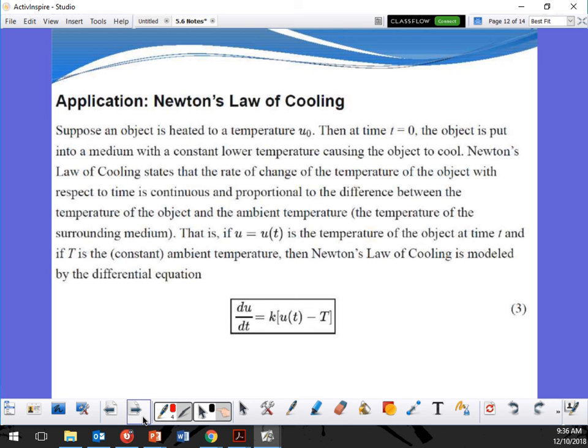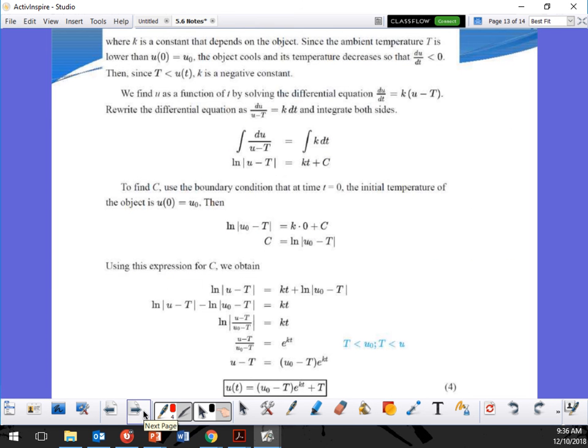Good. If u(t) is the temperature of the object at time t, and T is the constant ambient temperature, Newton's cooling law is modeled by the differential equation. So it comes out to be all of this information right here.